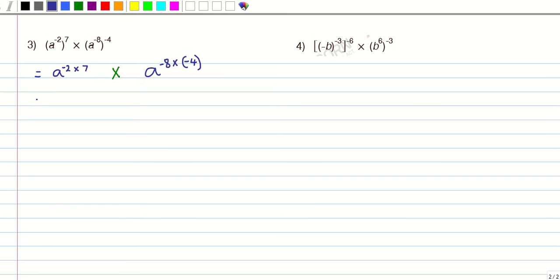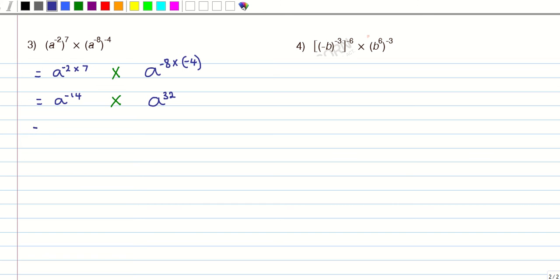Okay. We get a to the power of negative 14 times a to the power of 32. Okay. Negative 4 times negative 8, that is 32.